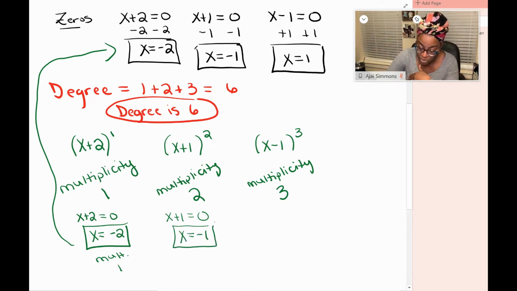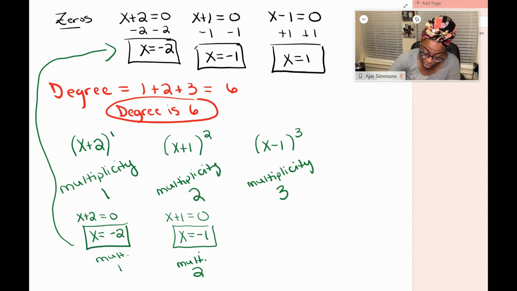That was one of our zeros that we found at the very beginning. So I can say the multiplicity, and I'm abbreviating multiplicity because I don't want to write it all out, of that value is going to be 2, because the power is 2. So the multiplicity at x equals negative 1 is going to be 2.